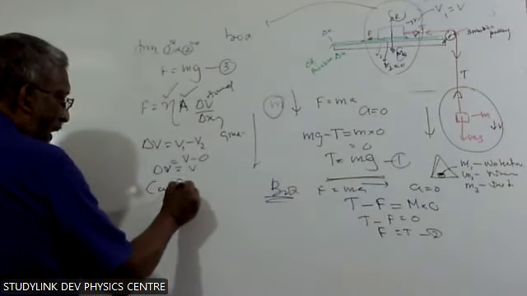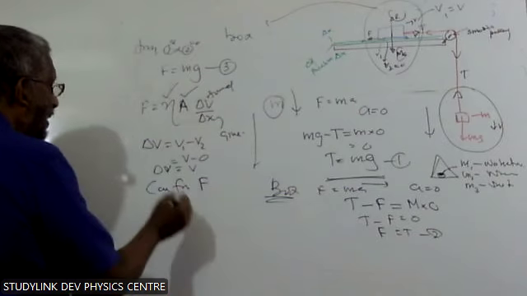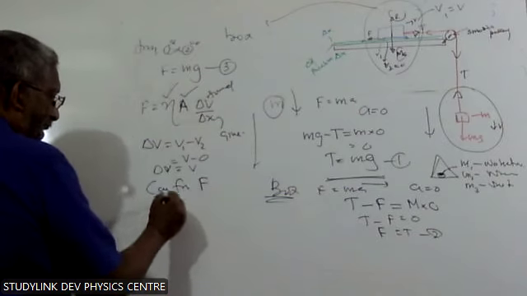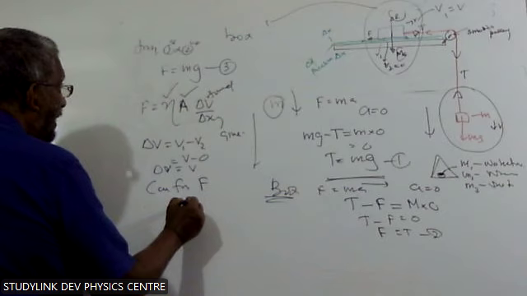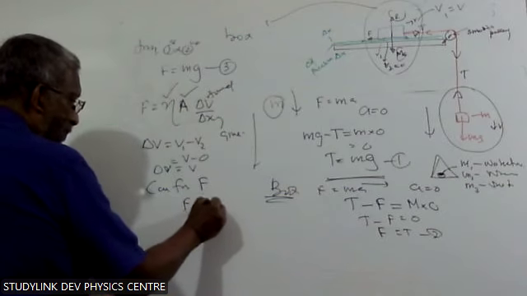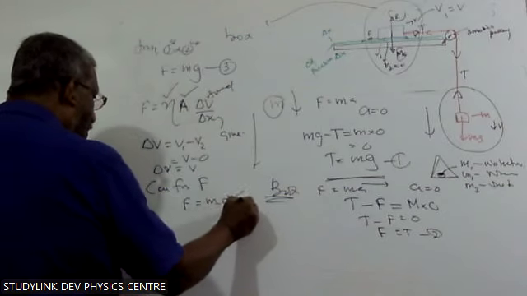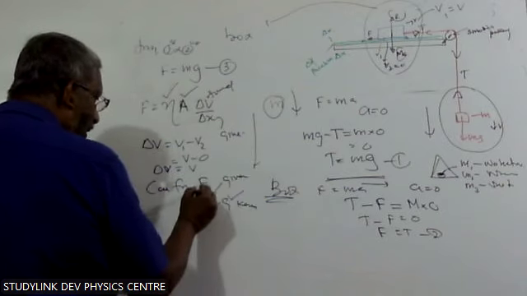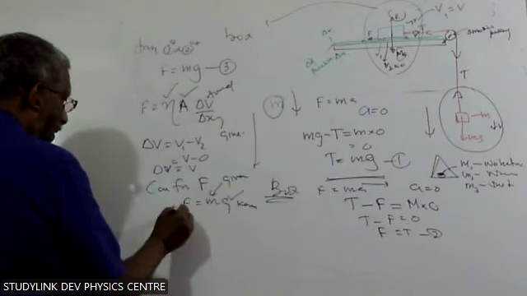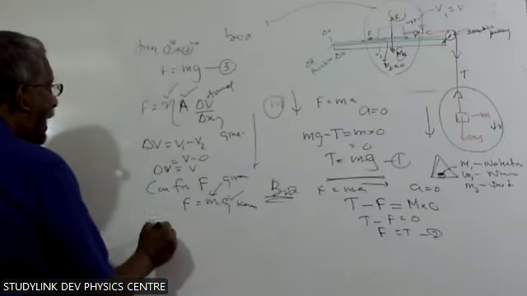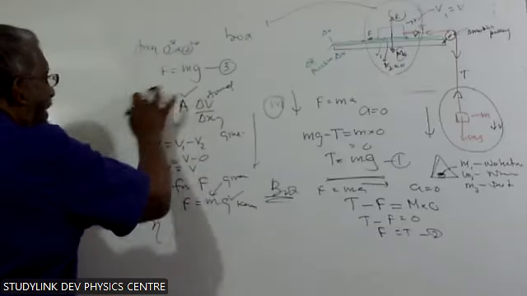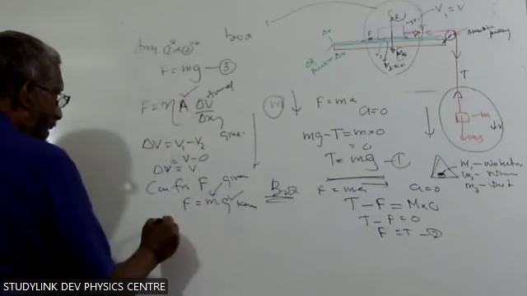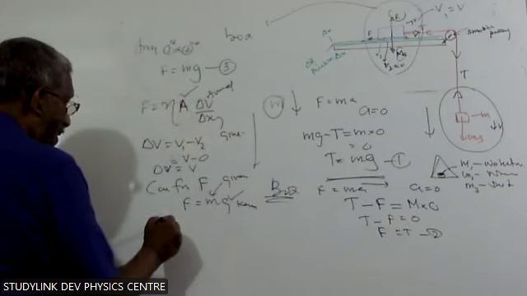Then the F value is equal to mg. This is known. M is given. So, therefore, you can write here eta. Sorry, eta is not given, because we are going to find it.